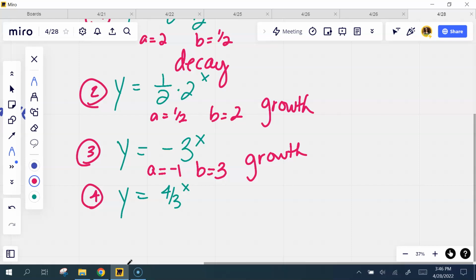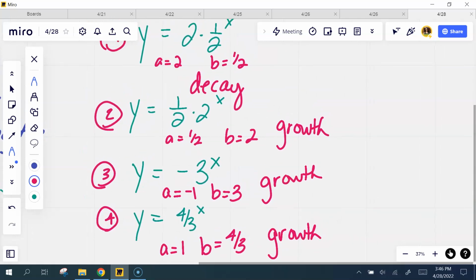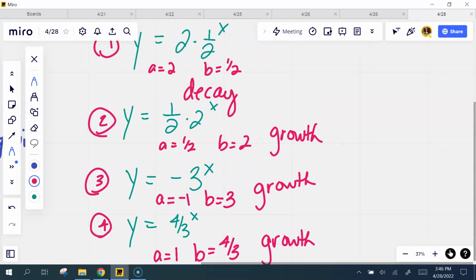You might be inclined to say A is 4/3, but that would not be correct. Here, A is 1, and B is 4/3. So again, I'm looking, is 4/3 bigger than 1 or less than 1? And of course, it's bigger than 1, so this is a growth. Okay, so just some ways to identify. Remember, it's based off of the B and nothing else.